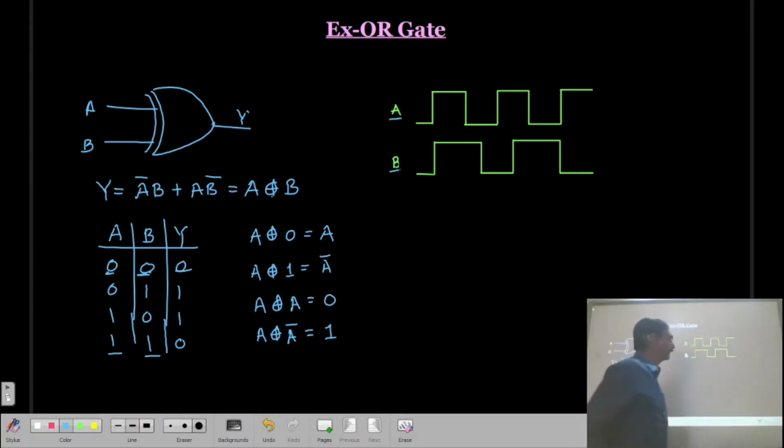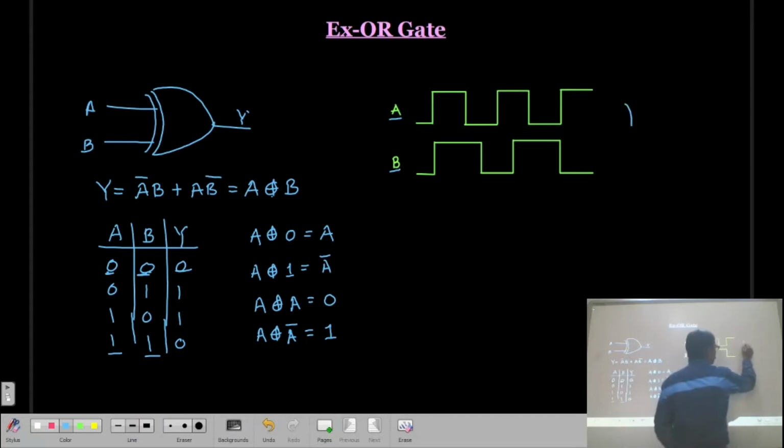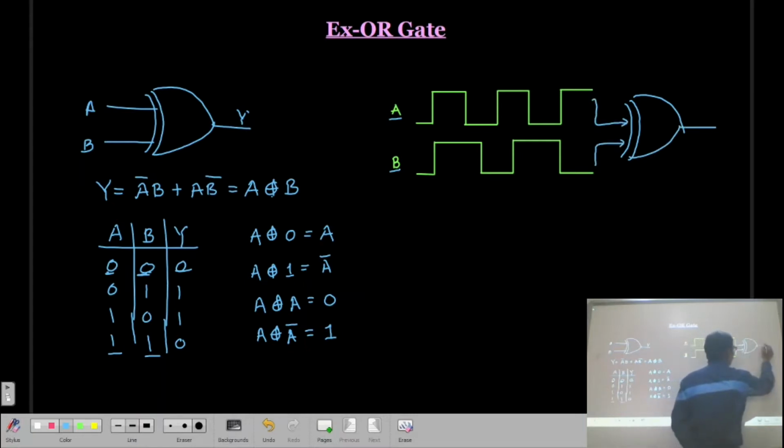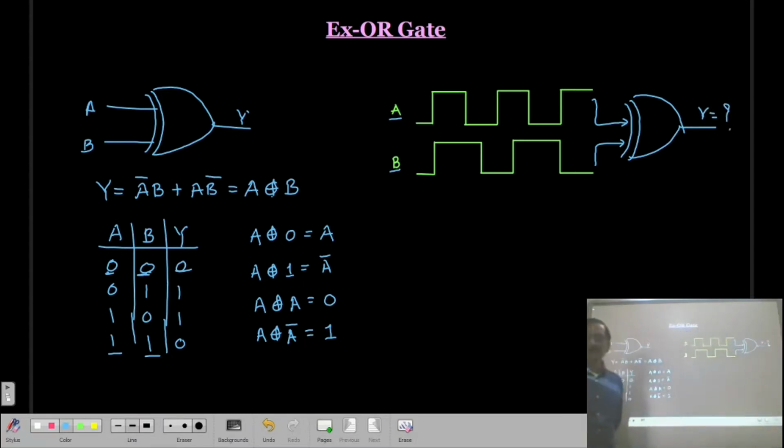These two clock pulses are given to this exclusive OR gate. Now we have to see what kind of waveform will be present at the output. Here you can use either the property of the exclusive OR gate or a truth table, and from that you can draw the waveform.